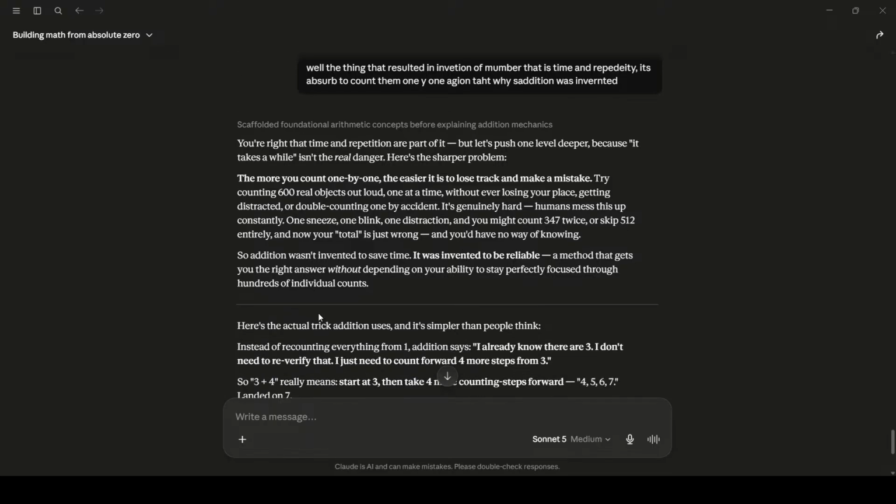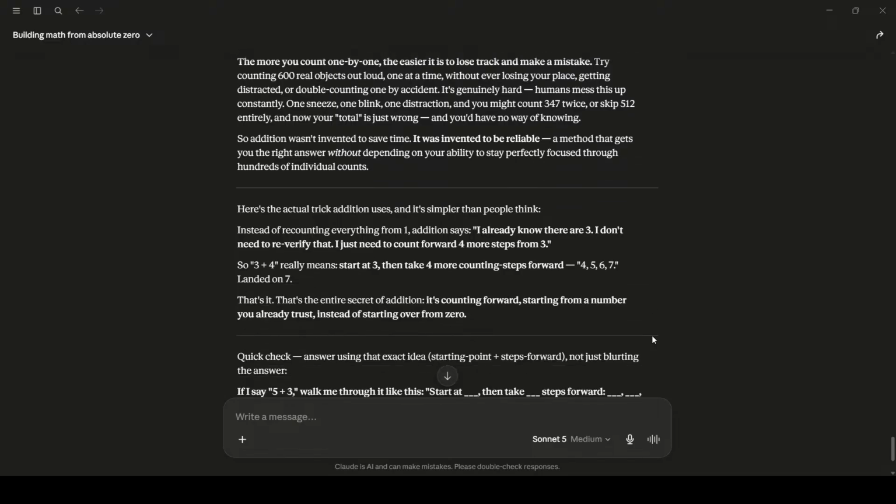So addition wasn't invented to save time, it was invented to be reliable, a method that gave you the right answer without depending on your ability to stay perfectly focused through hundreds of individual counts. Here is the actual trick addition uses, and it's simpler than people think. Instead of recounting everything from one, addition says I already know there are three.